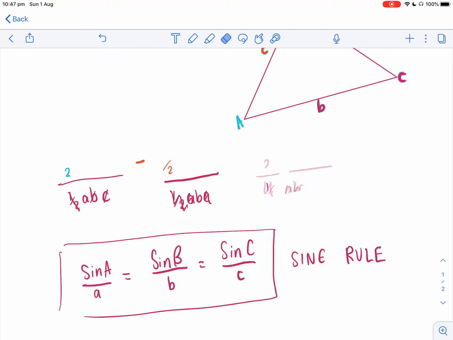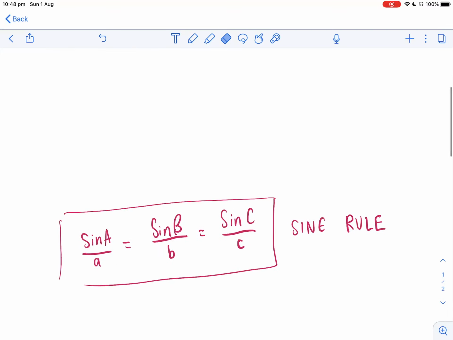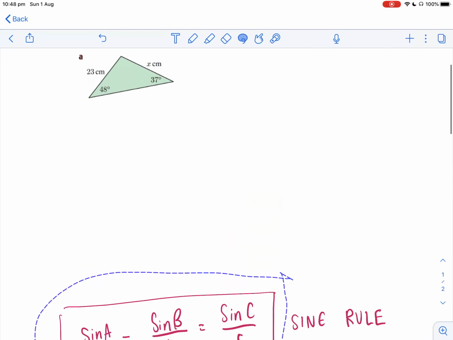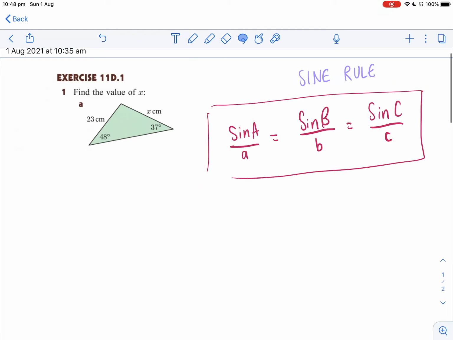So I'm going to get rid of this and we'll have a go at using this rule in question 1. So the first thing I'm going to do is label my triangle.